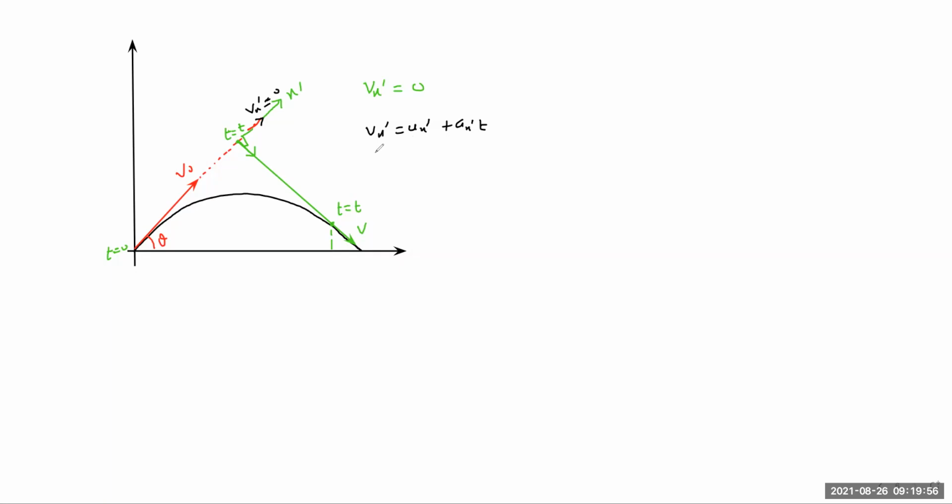So what can I write here? 0 equals, what is ux dash? If you remember, what is ux dash? What is the initial velocity in the x dash direction? Sir, it is V naught cos.